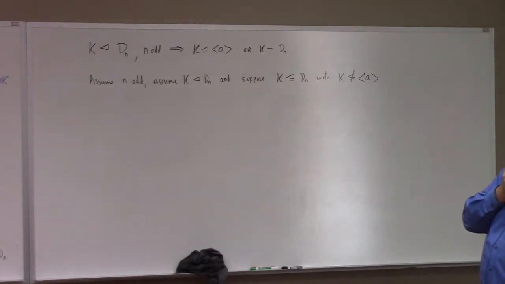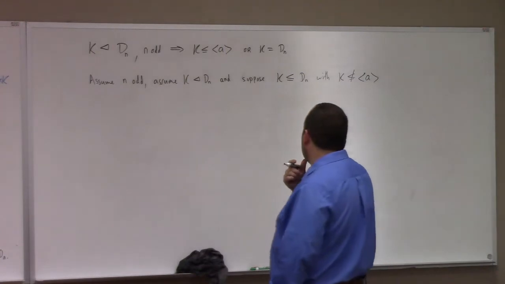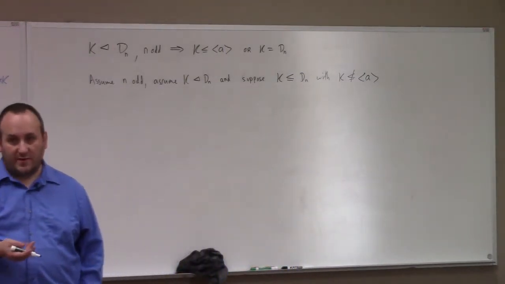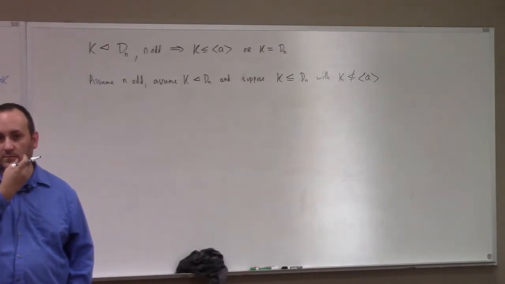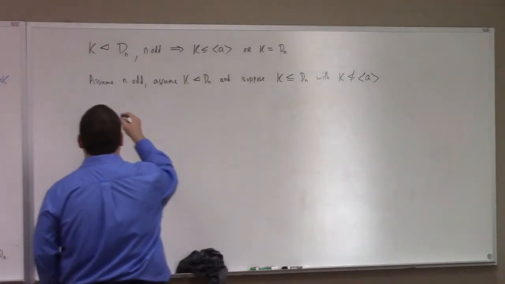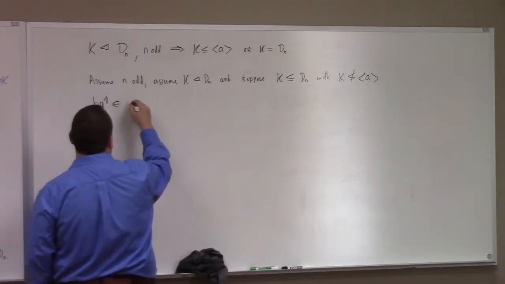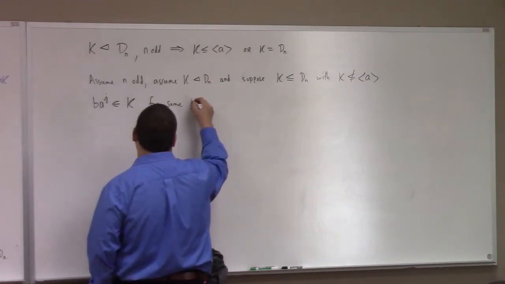The question is, how are we going to do that? What does it mean for K not to be a subgroup of the cyclic group? So K is a subgroup of Dn, but it's not a subgroup of A. What does that mean? So it means that B A to the J is an element of K, for some J.